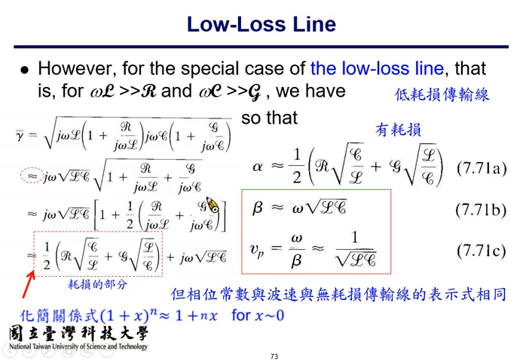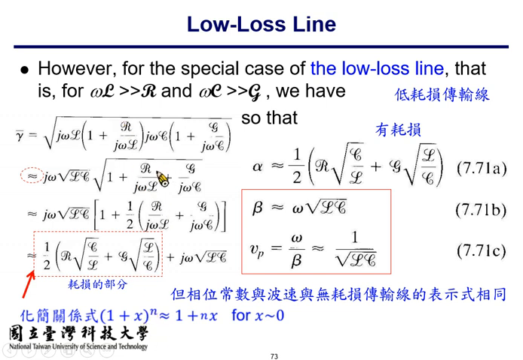So if you take a look at this part here and use this approximate relationship, then we can say that n over here is 1/2. The square root operator is 1/2. n equals 1/2 here.